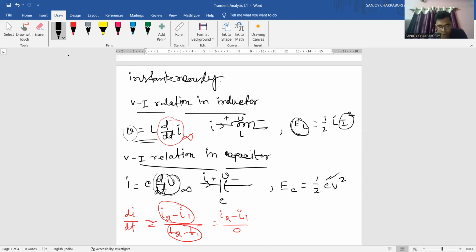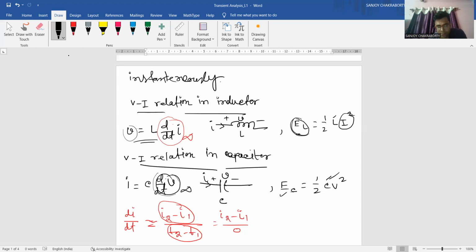So voltage across a capacitor cannot change instantaneously, and energy in a capacitor cannot change instantaneously. It takes some time. That's why transient occurs only in inductor and capacitor, in a circuit where either inductor or capacitor, or both, are present. If there is no energy storage element, there will be no transient. Keep this thing clear.